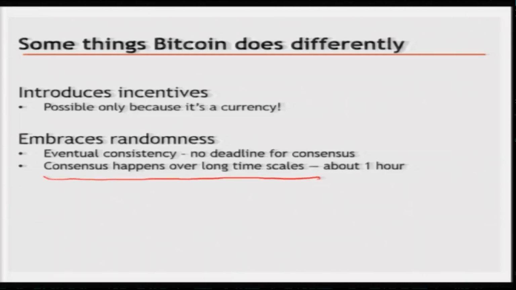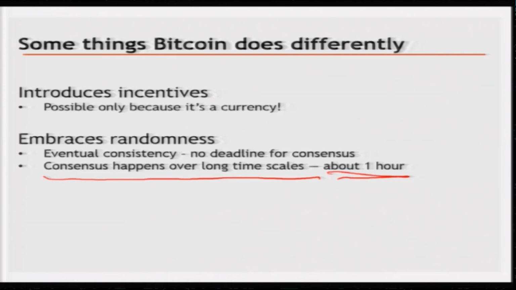In fact, in Bitcoin the consensus happens over a long time scale, in this case about an hour, but even then after an hour the probability that the different replicas are different becomes extremely low, but it is not deterministic. And then if you wait for 10 hours, then the probability becomes close to almost negligible.